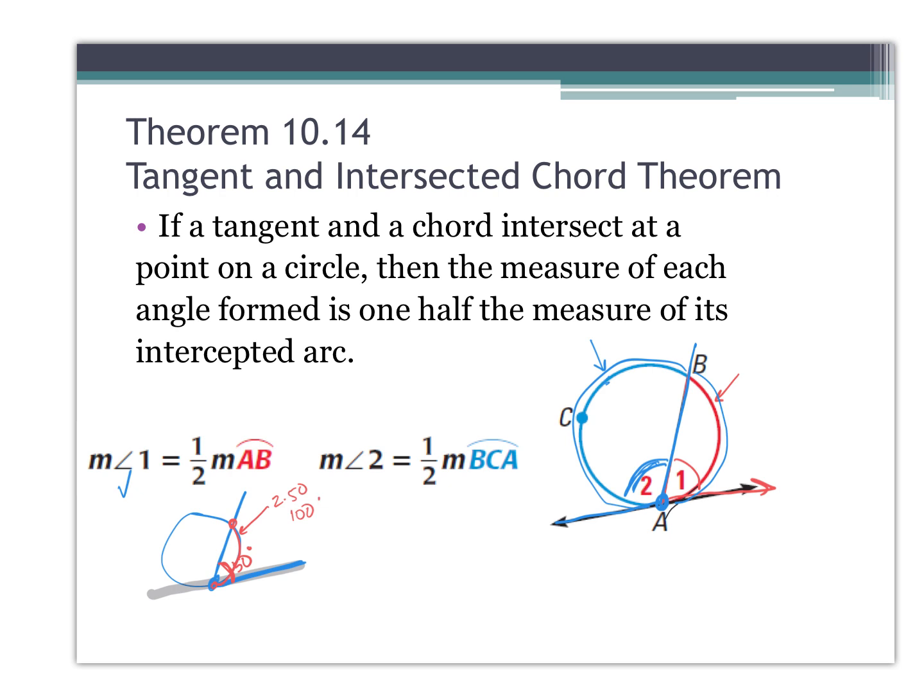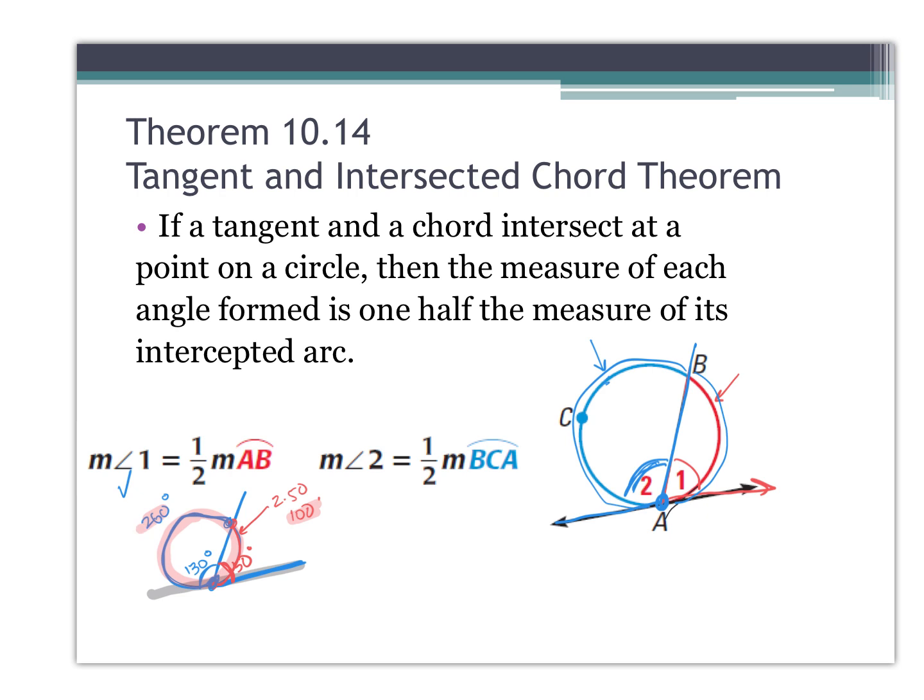If I tell you that this arc from here to here measures 260 degrees, what is the measure of this angle? It's half of that, which is 130. Remember that all the arcs all the way around the circle are always going to add up to 360.